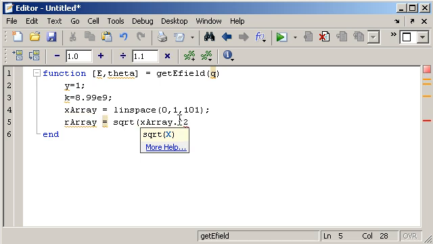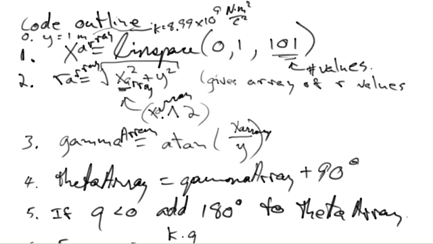The dot meaning do it element by element rather than trying to square the whole array as an entity, as a matrix. And then plus the y squared. Y is just a single value, so I don't need to mess around with a dot on that. So we'll see if that works. Then my thinking was that gives the array of R values.